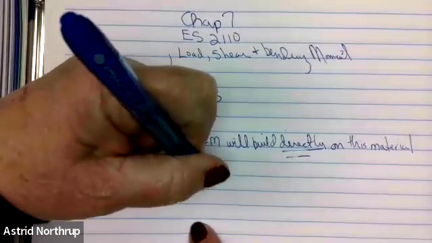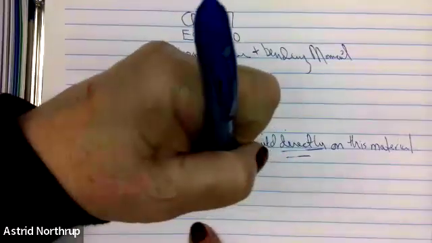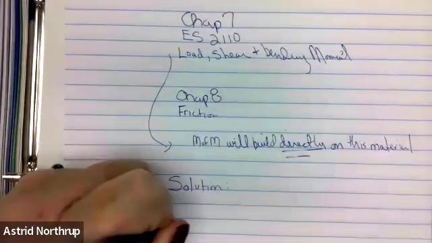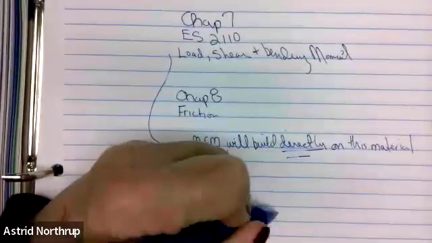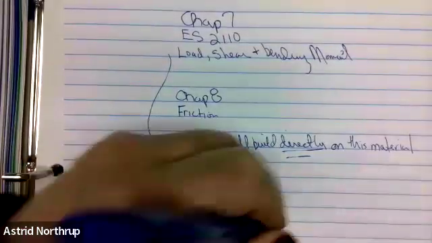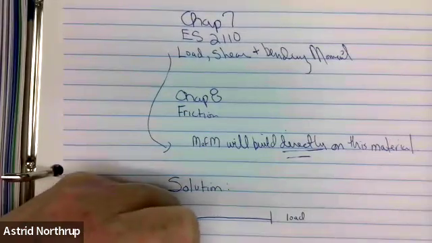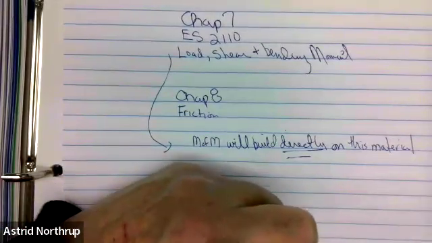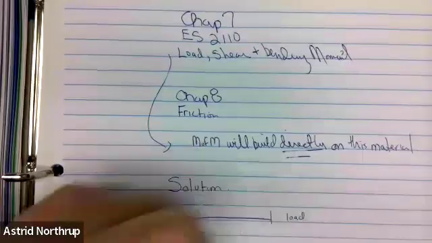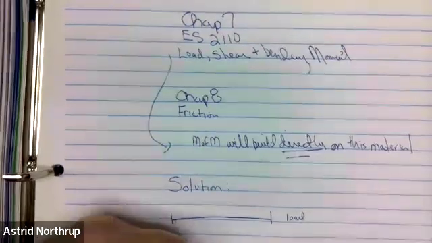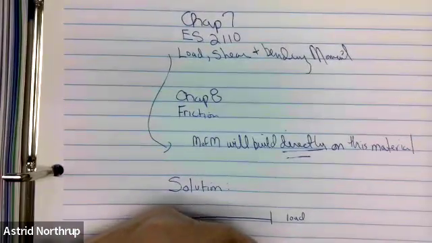But the solution for these types of problems looks like three stacked diagrams. One is the load diagram, one is the shear diagram, and one is the bending moment diagram.